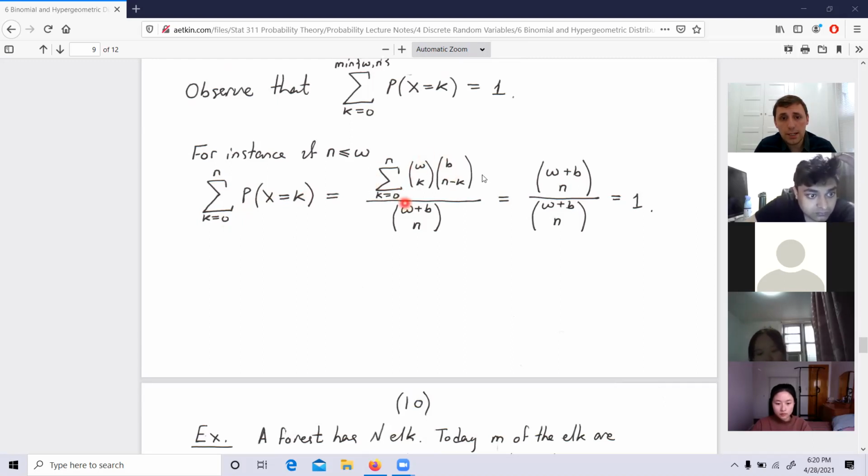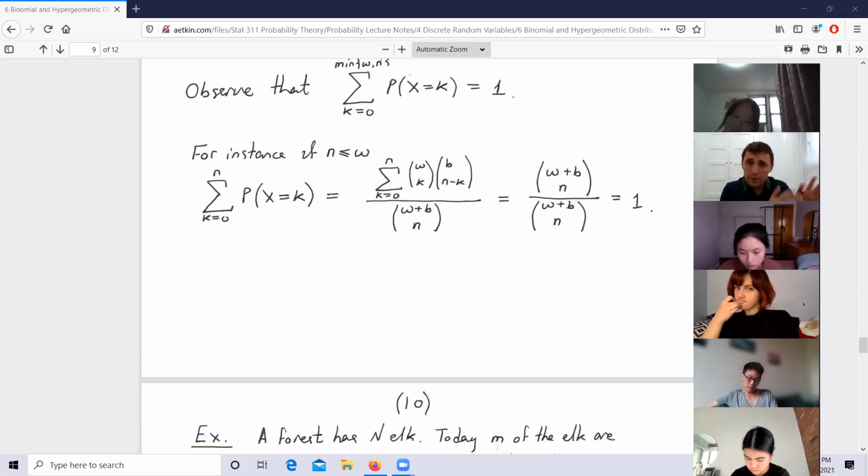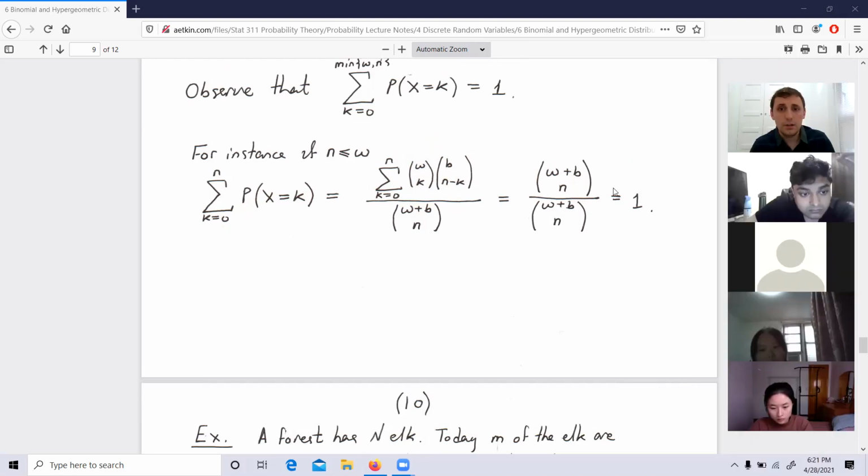If you recognize this identity, guys, you see what this grouping is. We are taking a sample of size n, and in the sample we have either 0 white balls or 1 or 2 or 3 white balls. This summation is just grouping by categories of how many white balls we have. And of course, this ratio is then 1.